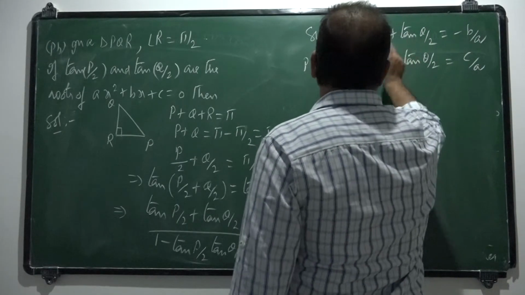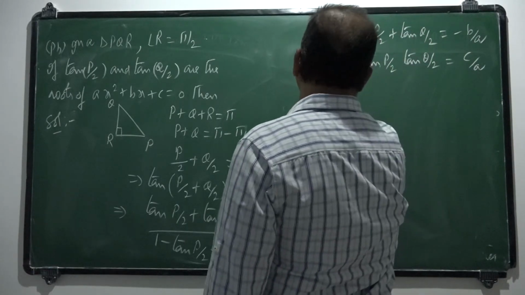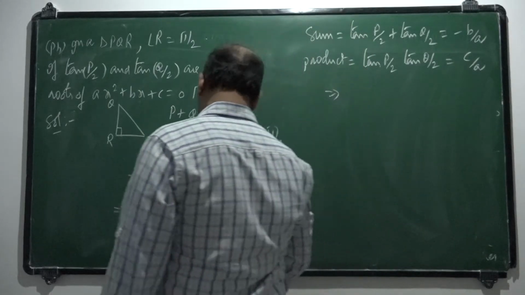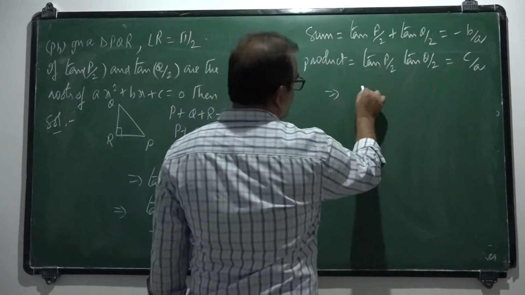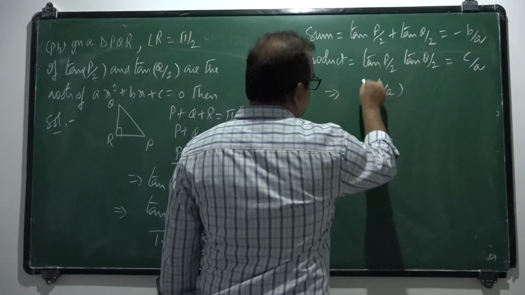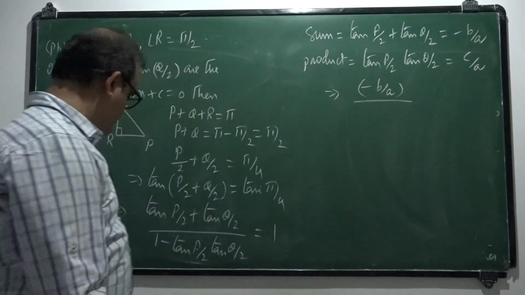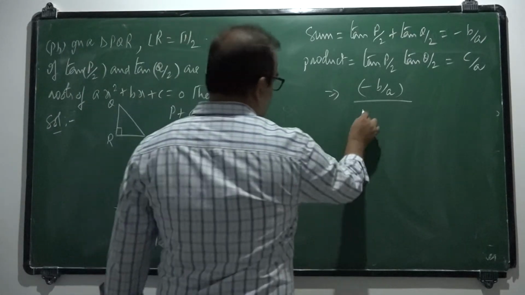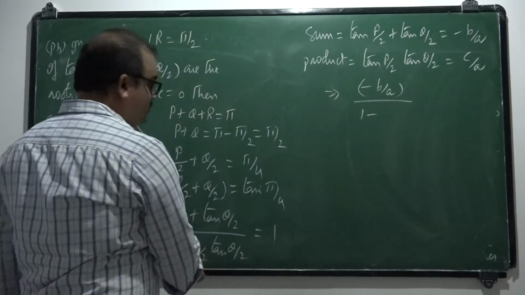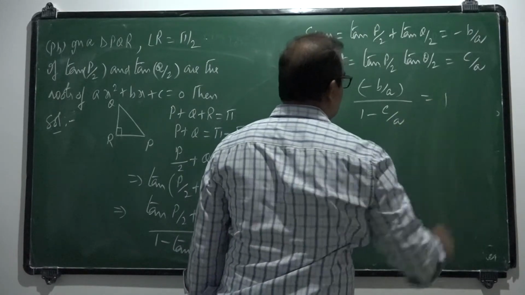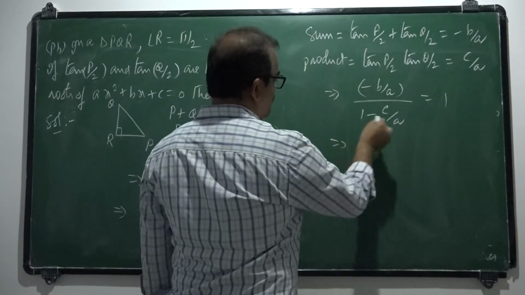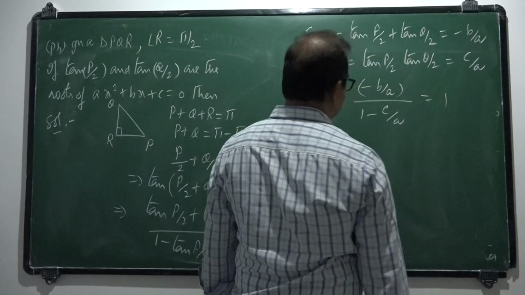Now substitute these two values in this numerator. Tan p by 2 plus tan q by 2, that is minus b by a, by denominator 1 minus tan p by 2 into tan q by 2, that is c by a, is equal to 1. Now simplify this.